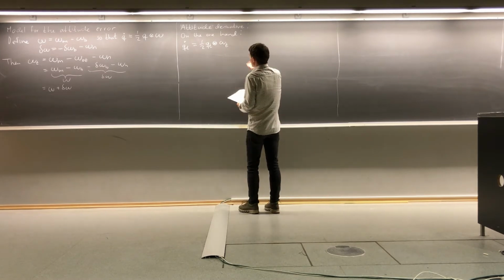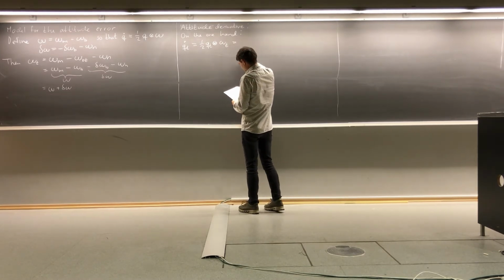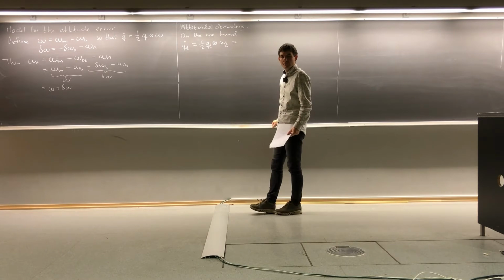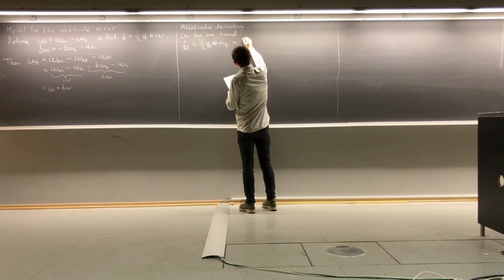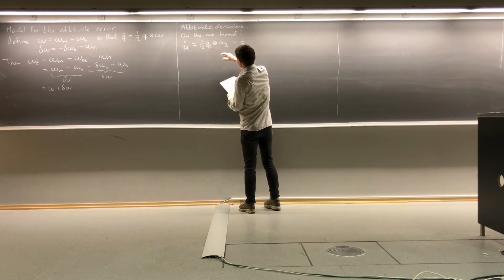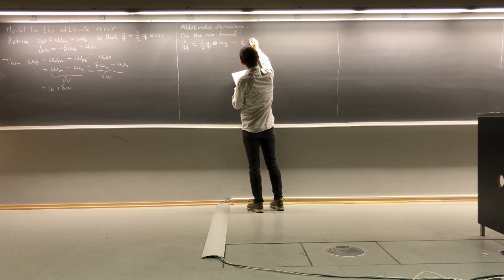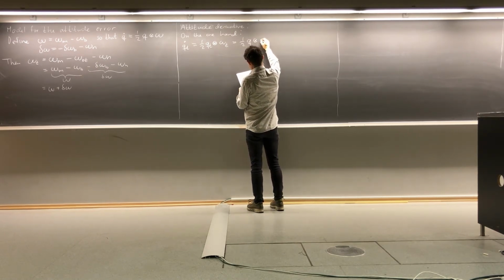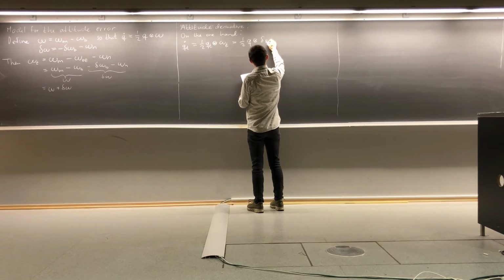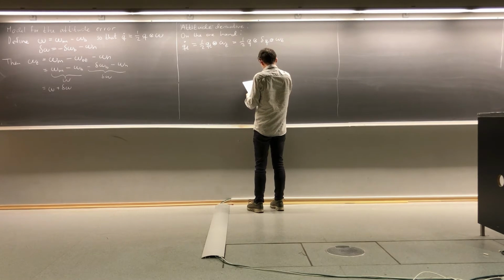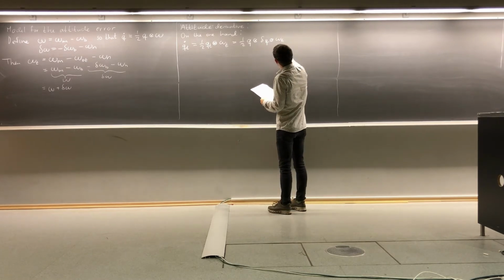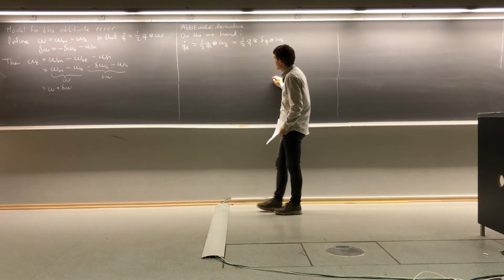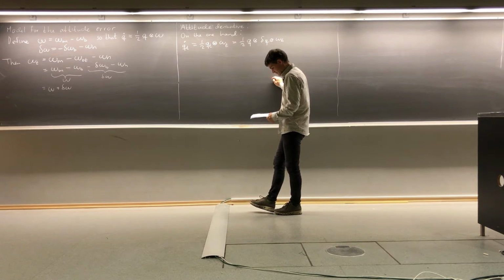So it looks like this, and then I can relate this to the nominal and error attitude simply by splitting up this q_t. So that's one possible expression.